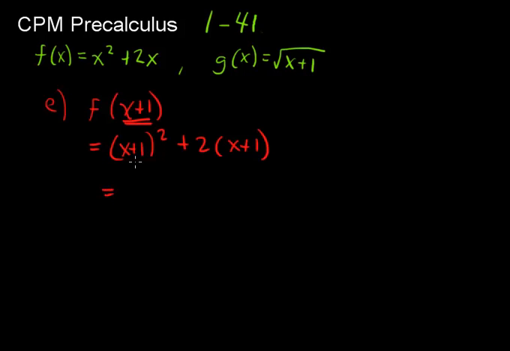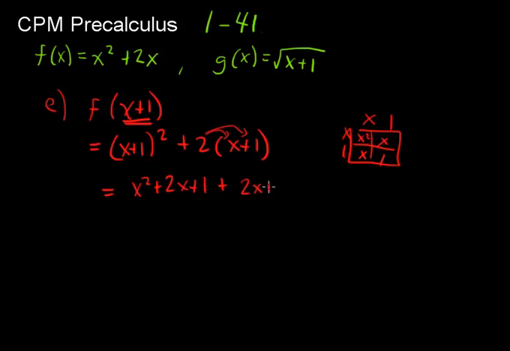Okay, x plus 1 squared, you know that that's equal to x plus 1 times x plus 1. You can use the box method, right? X squared, x, x, 1. And you should get x squared plus 2x plus 1 plus distribute that 2x plus 2.